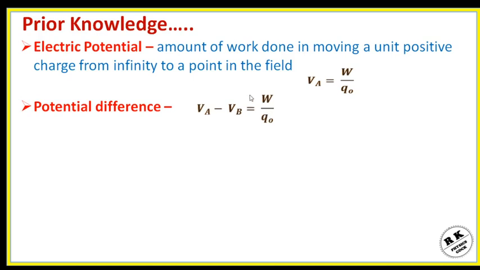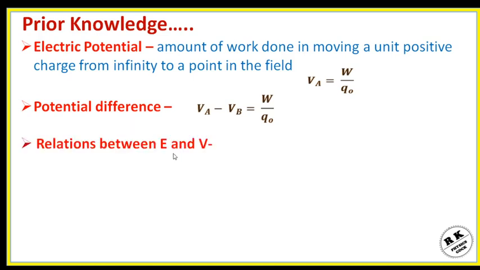Here in this expression, it is assumed that the potential difference is expressed between points A and B. VA minus VB stands for potential difference between points A and B. So it is defined as the amount of work done in moving test charge Q naught between points A and B. The unit of electric potential and potential difference is volts.